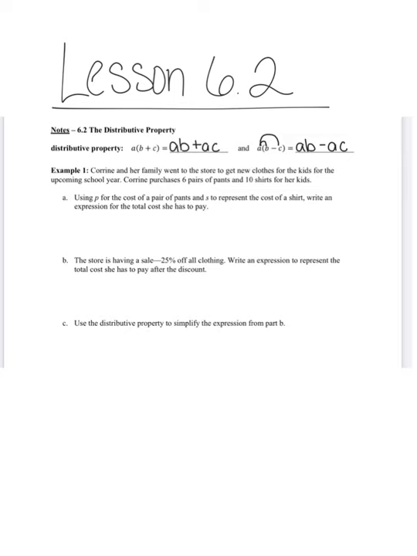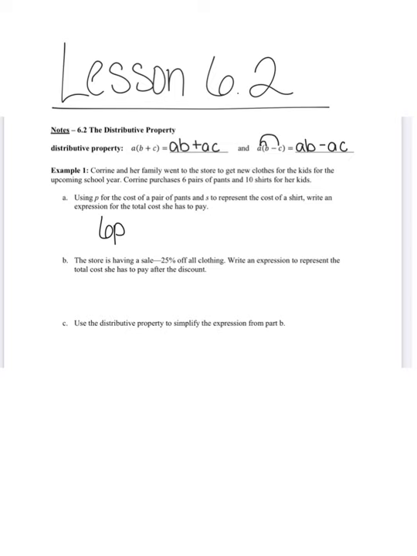So we know that she is going to buy 6 pairs of pants, but we don't know how much those pants will cost, so that's P. To find the grand cost of the pants, we would take 6 times the cost of 1 pair, so 6 times P, or 6P.